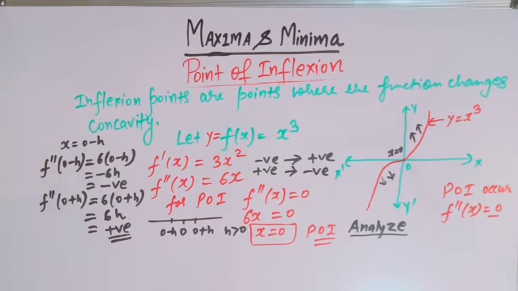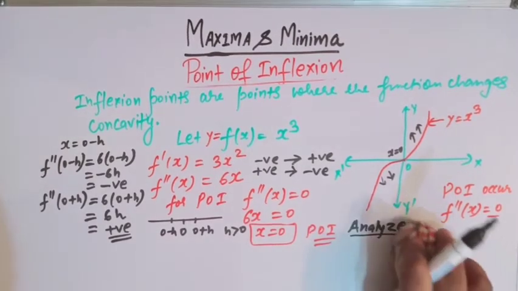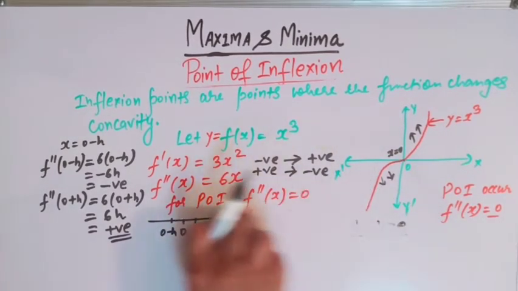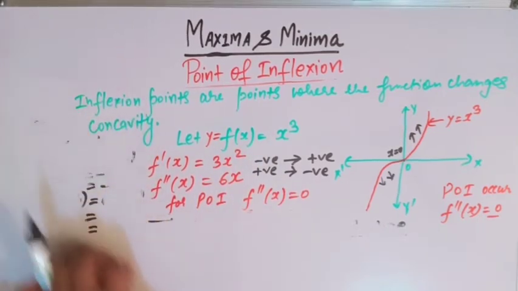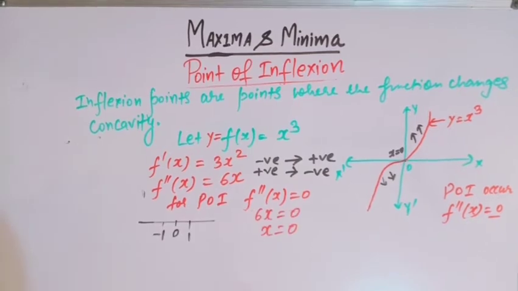Now here we have taken the 2 points to the left and to the right of 0 as 0 minus h and 0 plus h, but viewers, we can also assume these 2 points as minus 1 and 1, right?